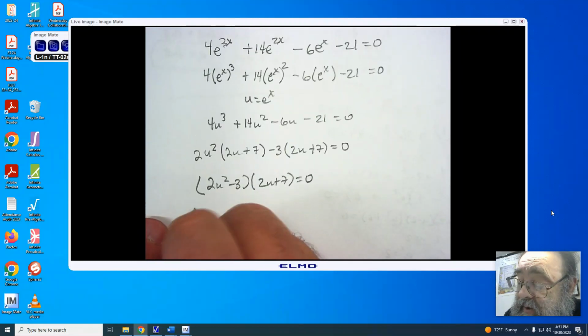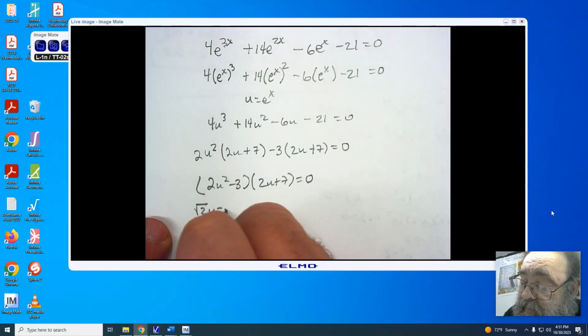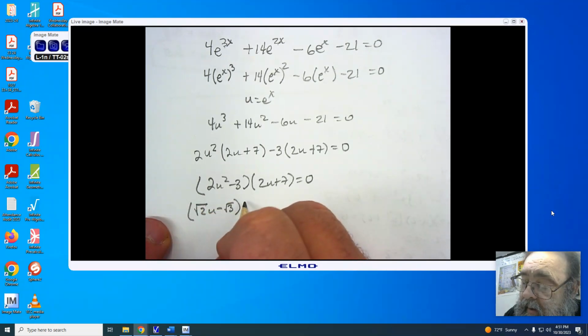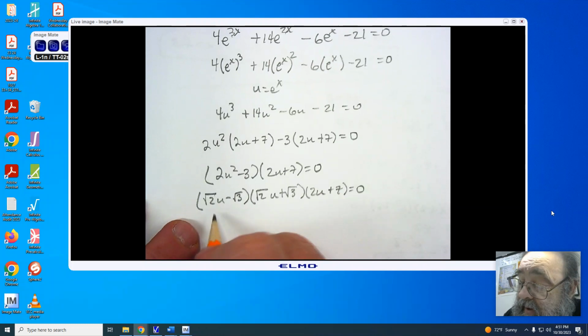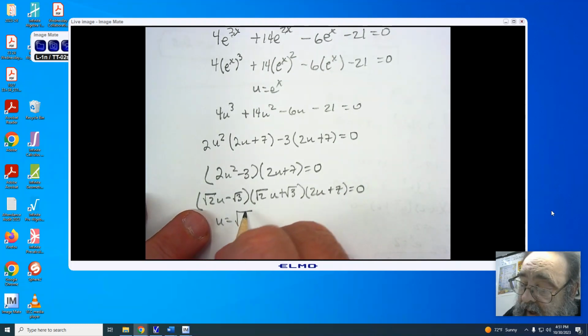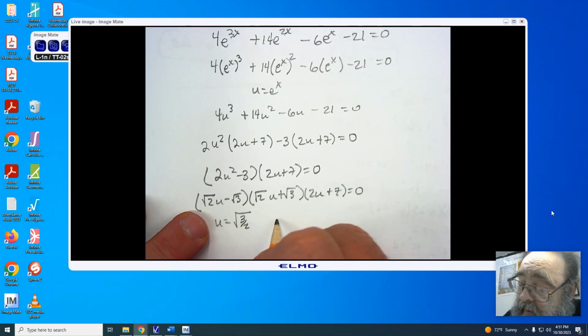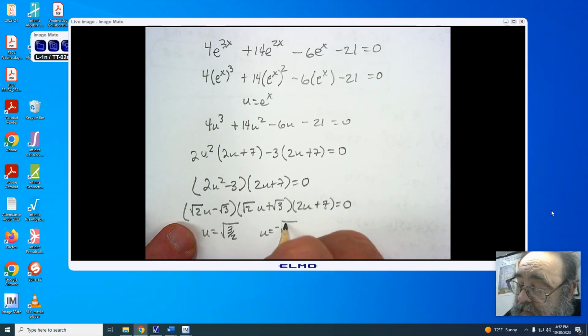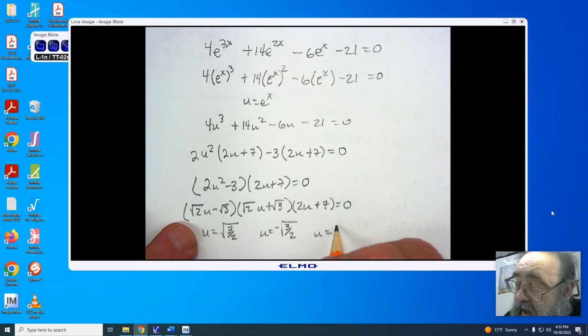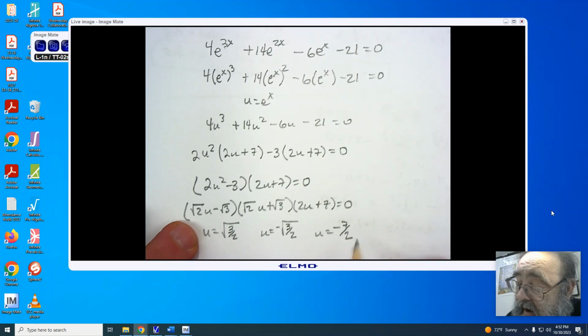This then factors into (√2u − √3)(√2u + √3)(2u + 7). I then get u = √(3/2), u = −√(3/2), and u = −7/2.